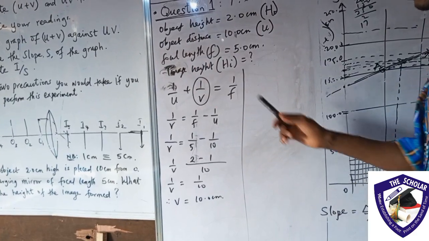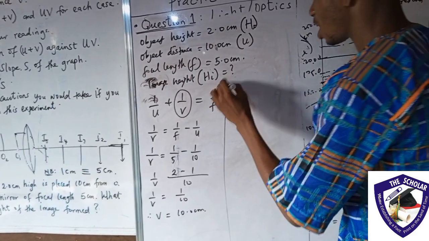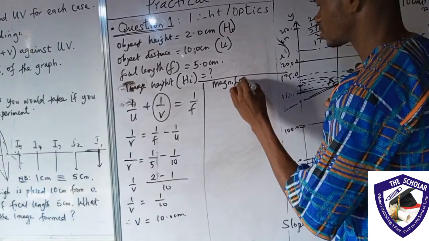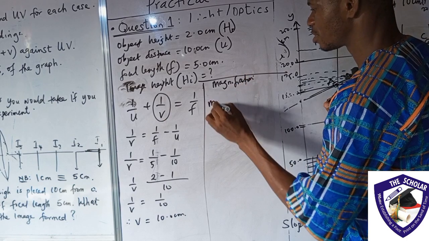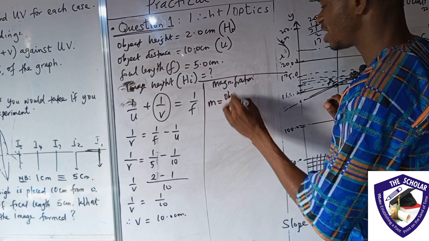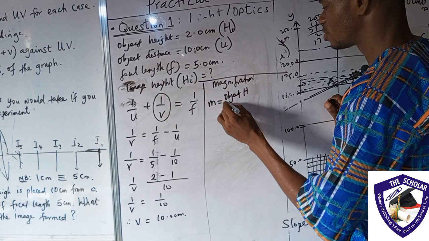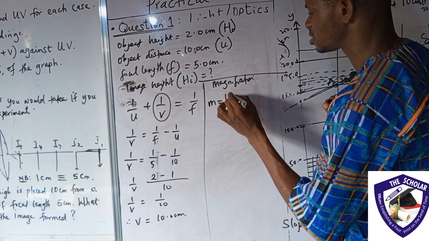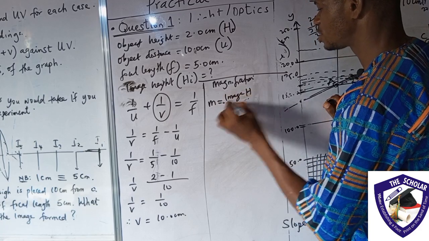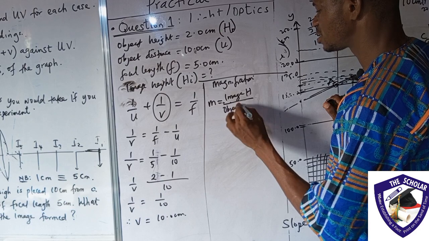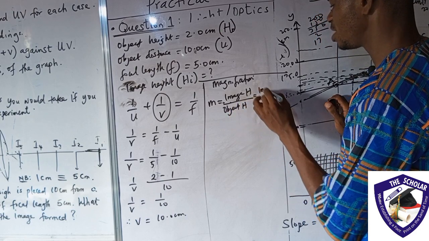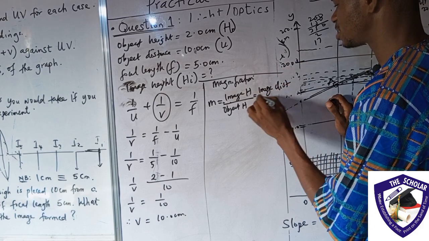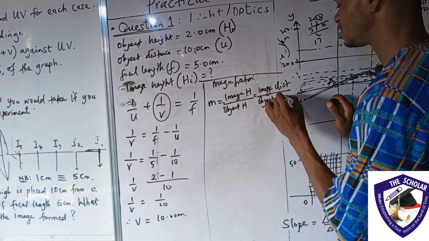Remember, we have to find the image height. So according to magnification, we define magnification M as image height all over object height, or image distance over object distance.